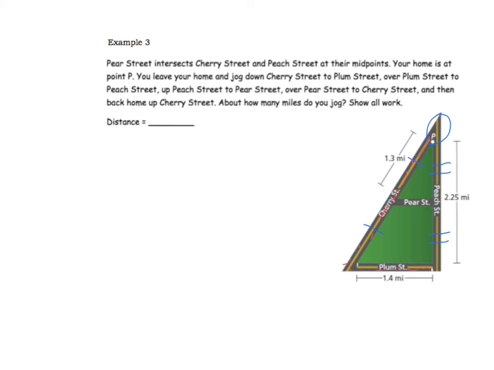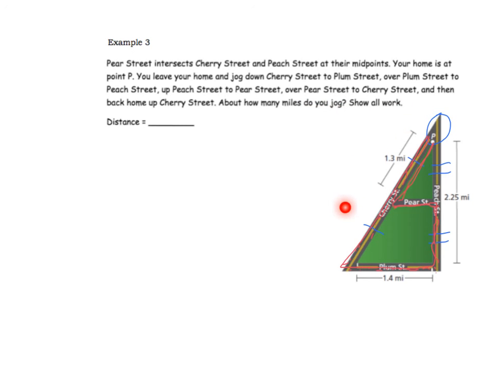Then we go up Peach Street to Pear Street, over Pear Street to Cherry Street, and then back home. All right, so I tried to outline our path here. So we did a little double dipping in this area. The question is, about how many miles do you jog?